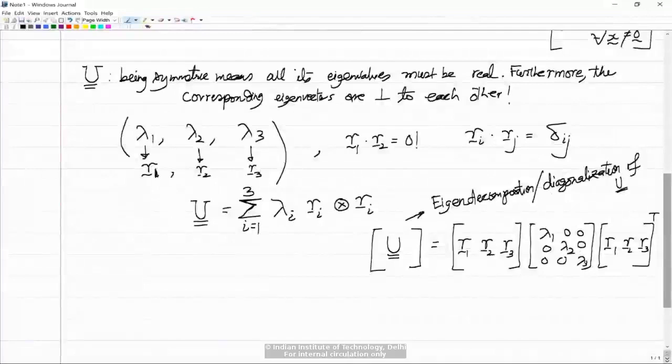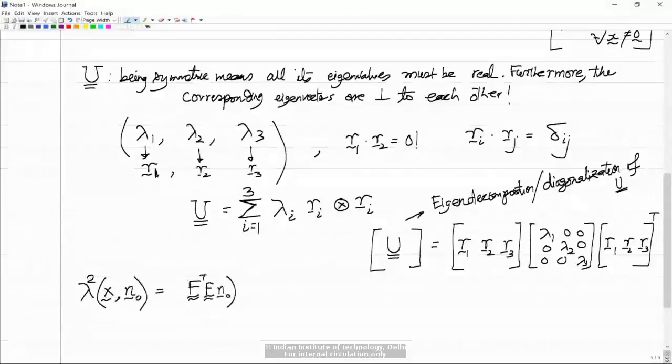Let us also notice a very interesting property about U. So we wrote that F is equal to RU, right? And you remember this formula for stretch. If I write lambda squared, lambda denoting stretch at a point x for line elements having direction n naught, that was F transpose F n naught dotted with n naught, isn't it?